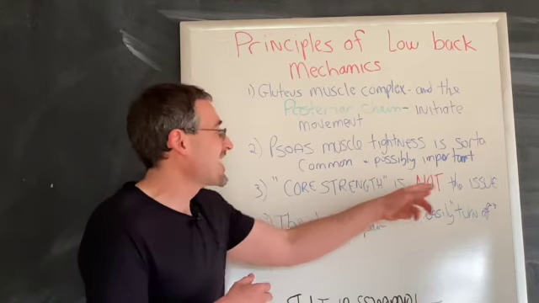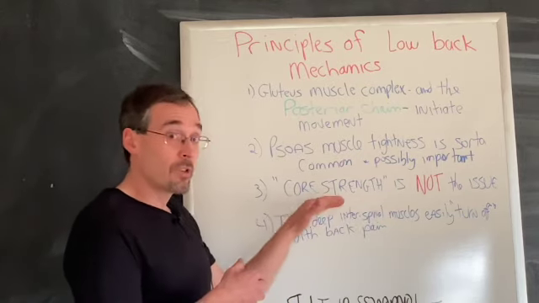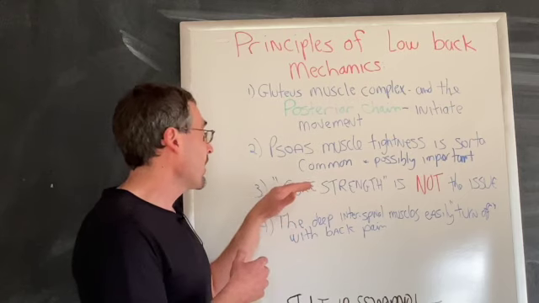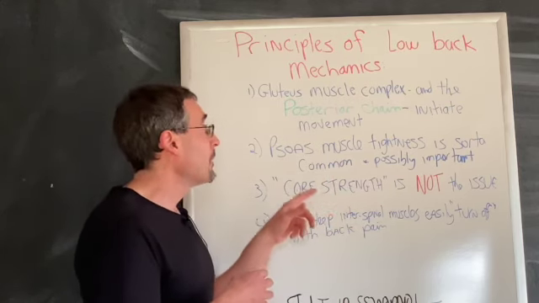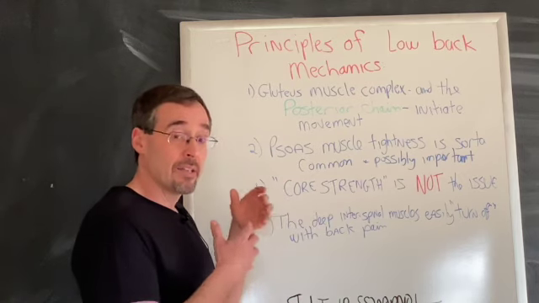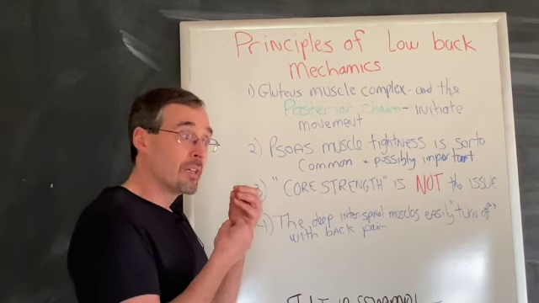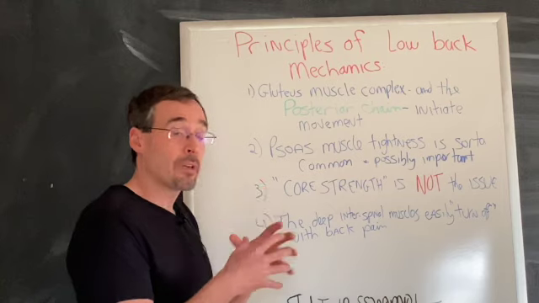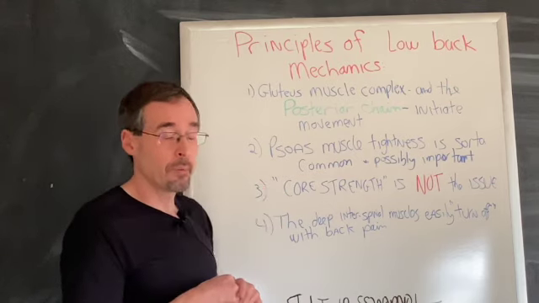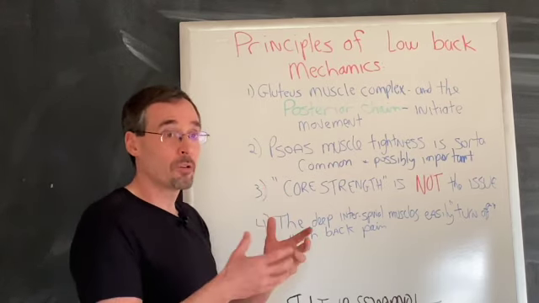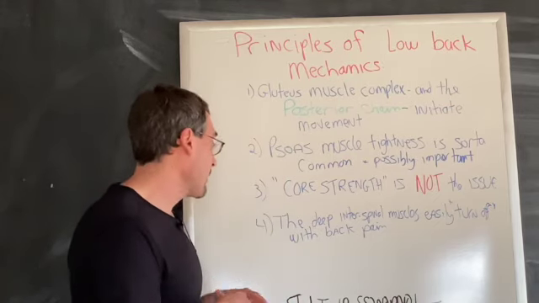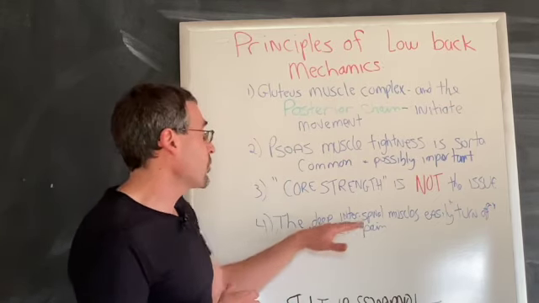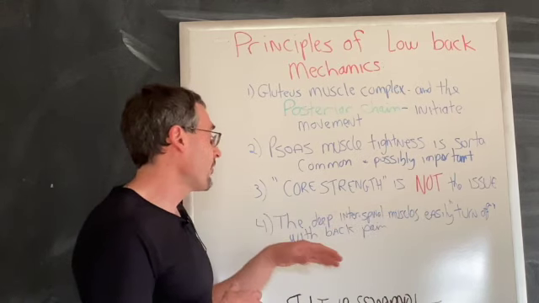Core strength is not the issue. So we're going to talk about this too shortly, that core strength is highly overrated. And I'll explain what the role of core is and why it doesn't play such a singular prominent role in back pain, because nothing really plays a singular prominent role except maybe the gluteus maximus complex, and we'll talk about that. And then the deep interspinal muscles easily turn off with back pain.